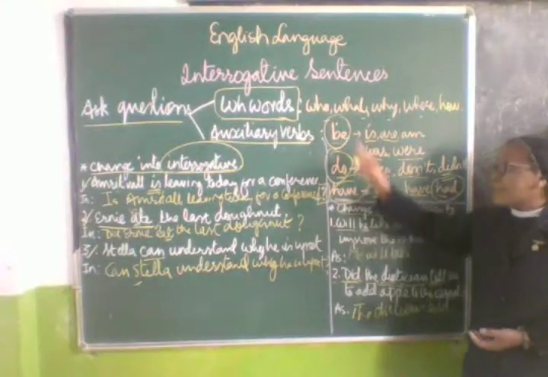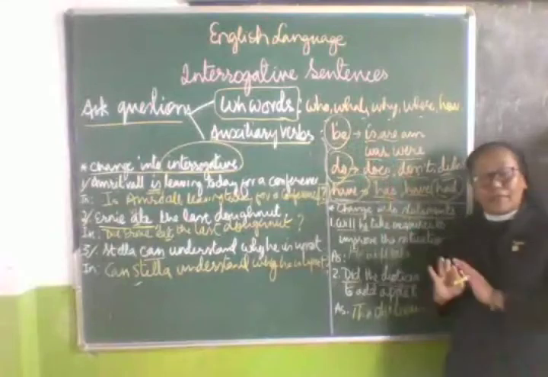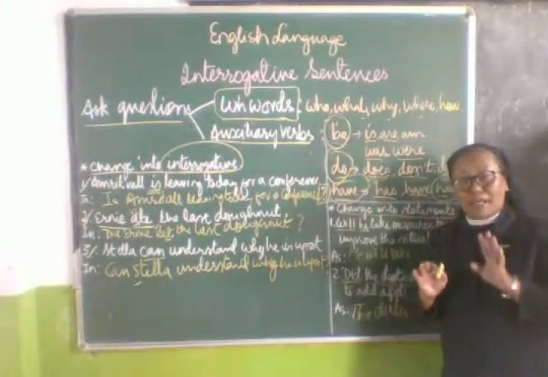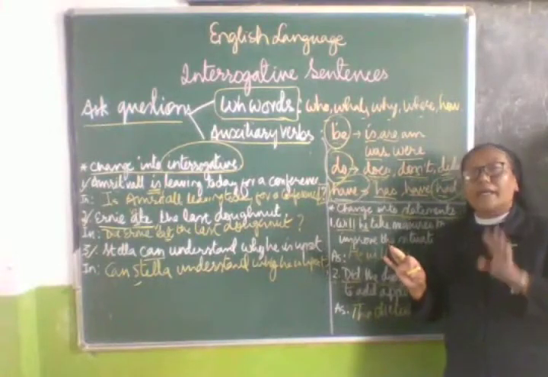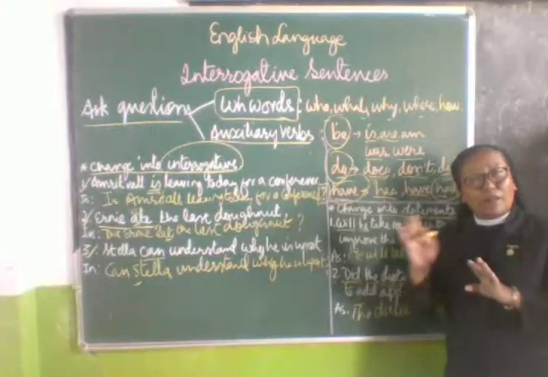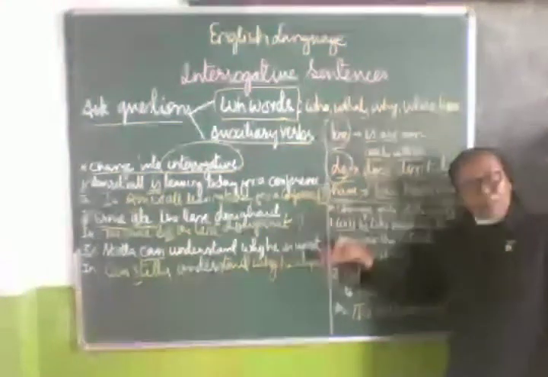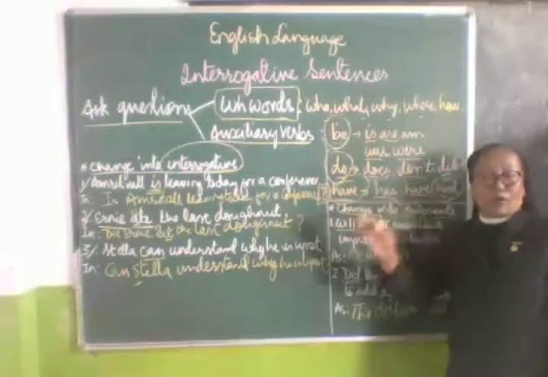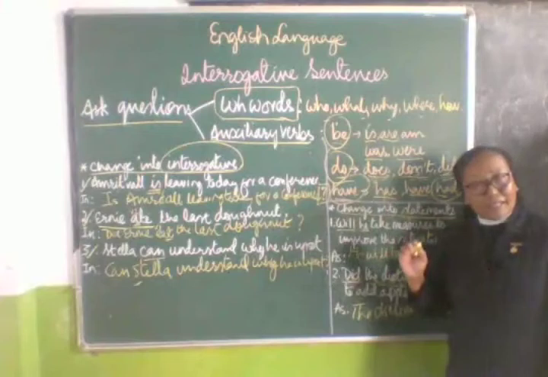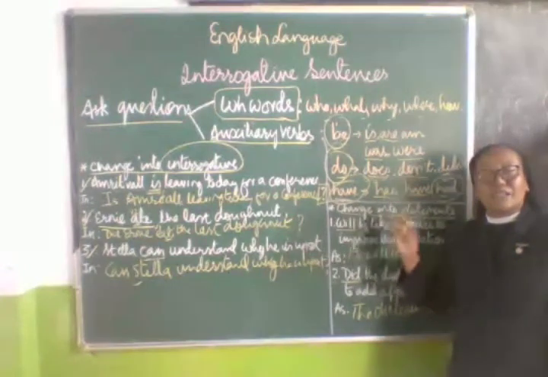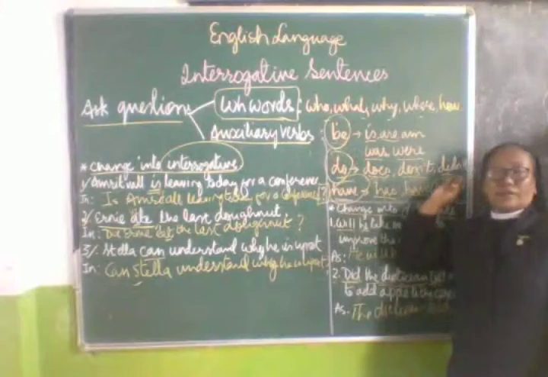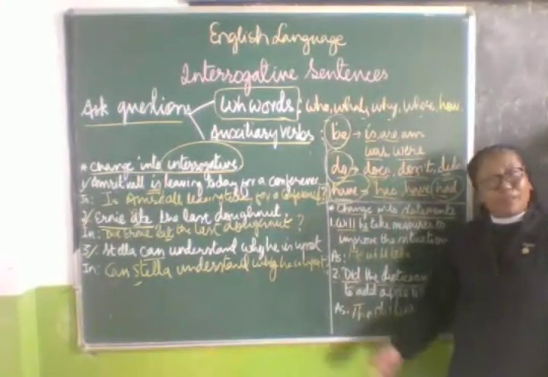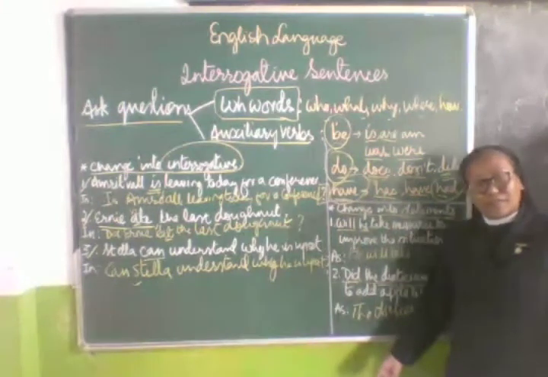So if you remember these, and if you read your statement properly and see the subject and the verb, whether the subject is singular or plural, and whether the action was done in the past, or future or present, you have to see that. Accordingly, you use did with the base form if it is simple past.